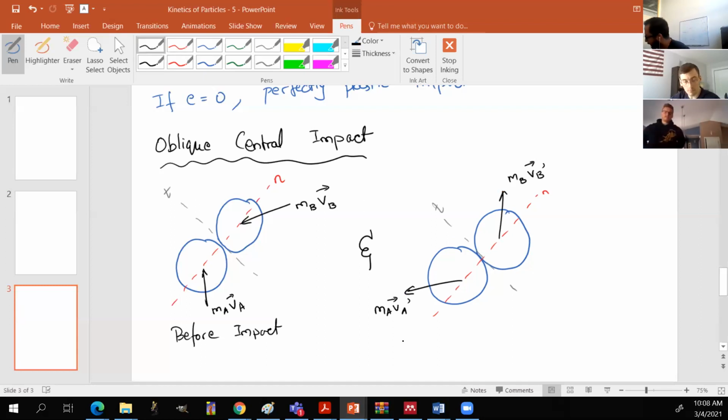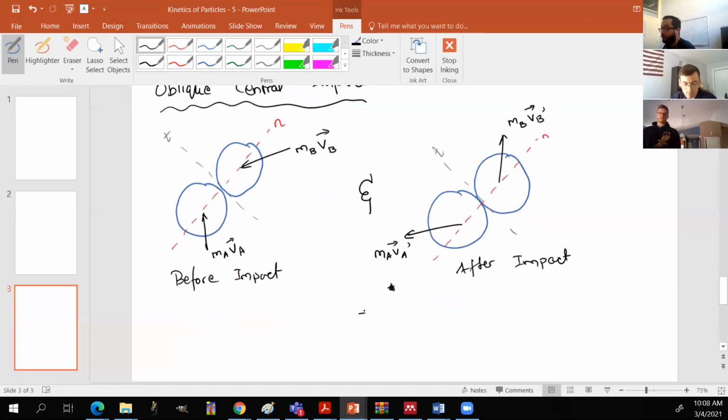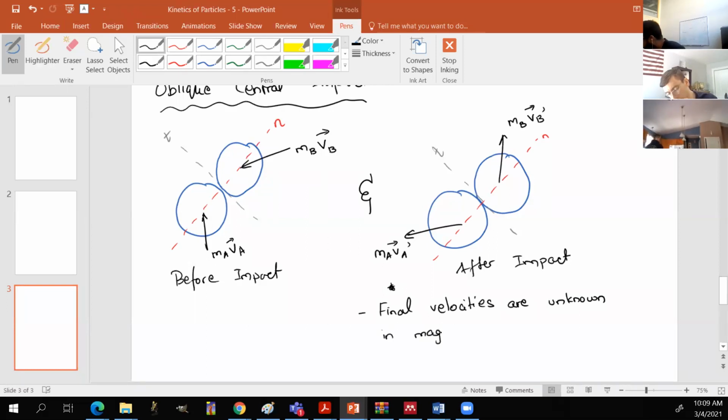So this is after impact, right? So the final velocities are unknown in magnitude and direction, right?